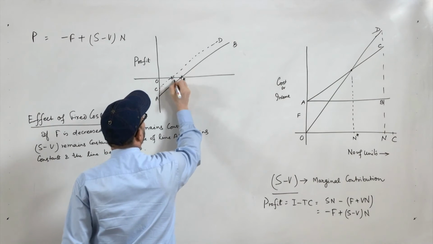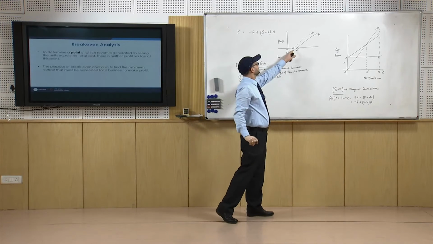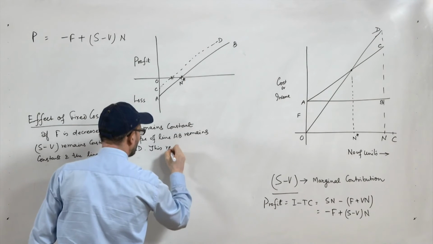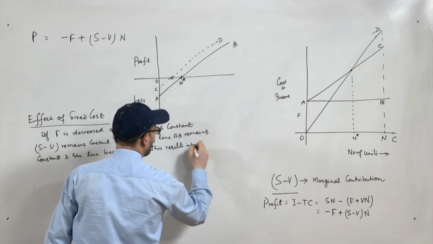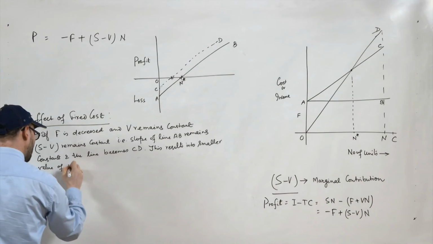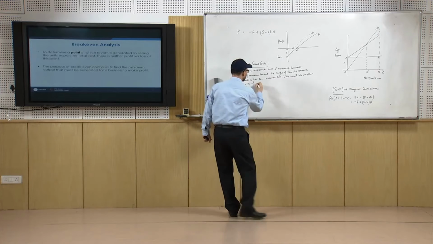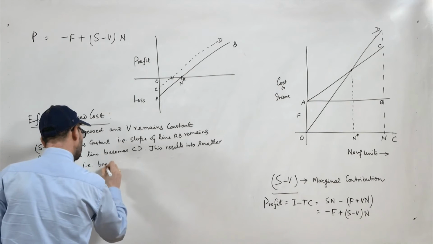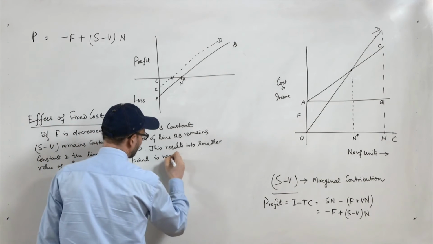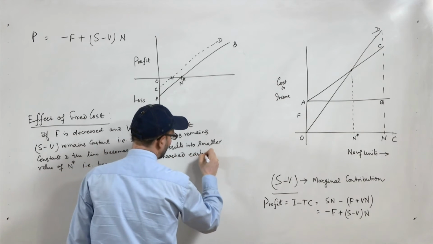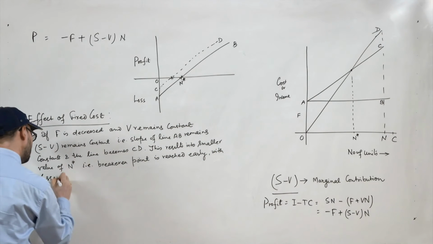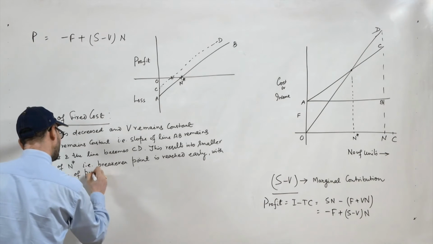Basically, once you have decreased the fixed cost part, this line has gone to this place and this n star is reached at a smaller value. This results into a smaller value of n star, that is, the break even point is reached early with a lesser number of products sold.